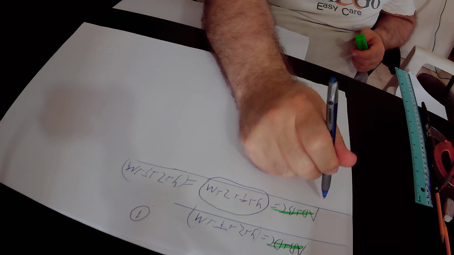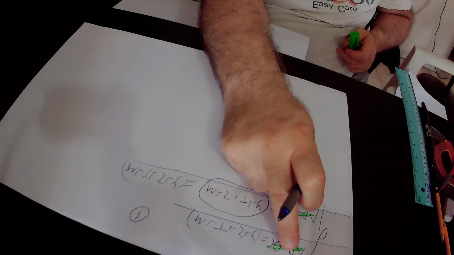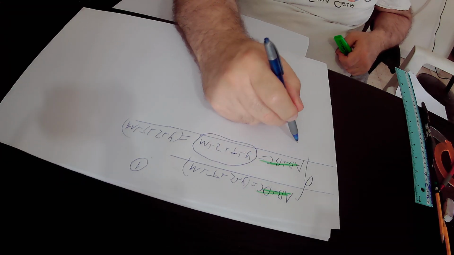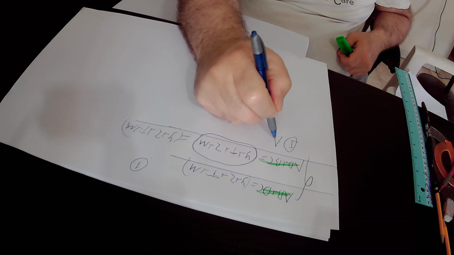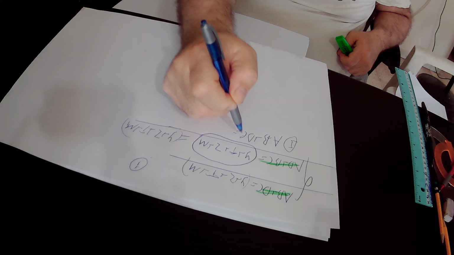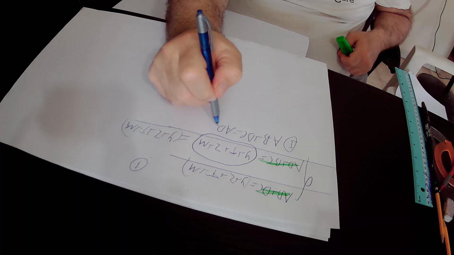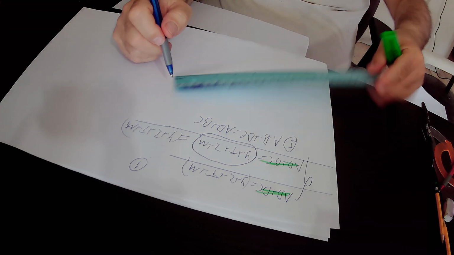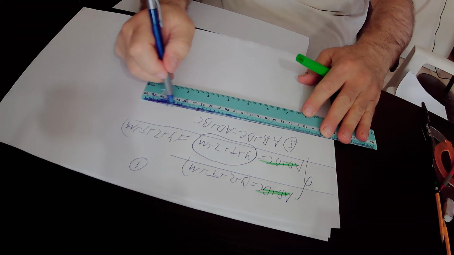So you can write down that those two expressions are equal to each other, that is to say AB plus DC equals AD plus BC. This is equation 1.